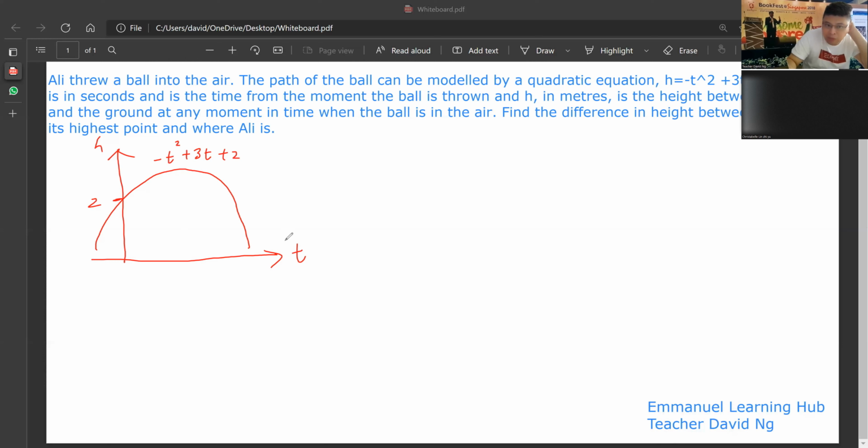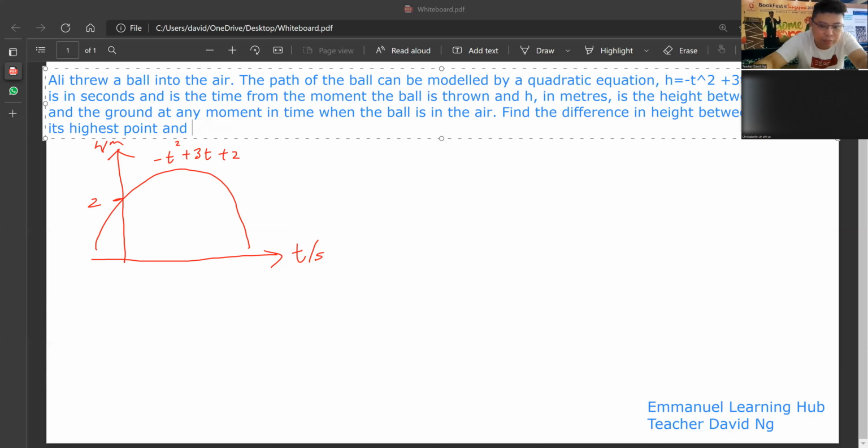Okay, t is in seconds, h is in meters. h is the height between the ball and the ground. Okay, instead of writing where Ali is, and ground level, because where Ali is quite vague.